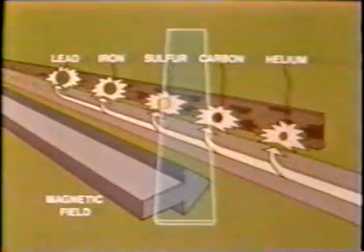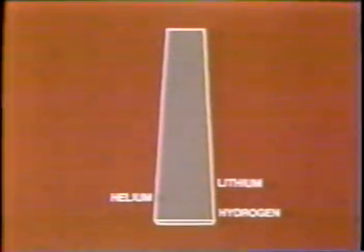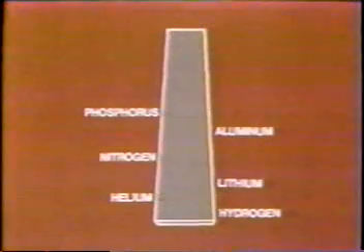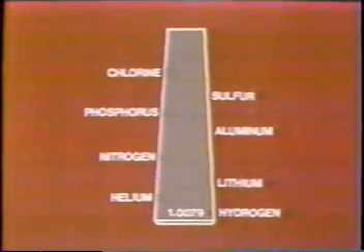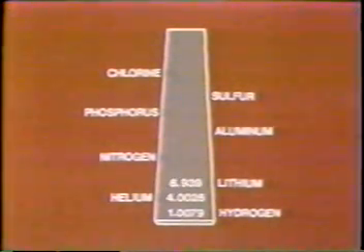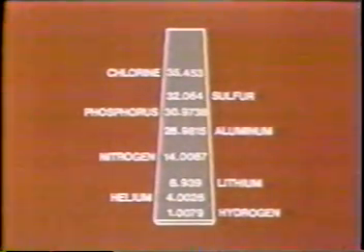Scientists have used the distance between crashes to build a scale of relative atomic mass for every known kind of atom. The mass spectrometer is so accurate that we can measure relative atomic mass with an accuracy to several decimal places.